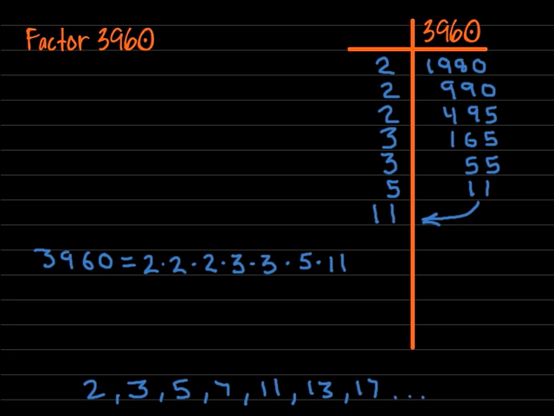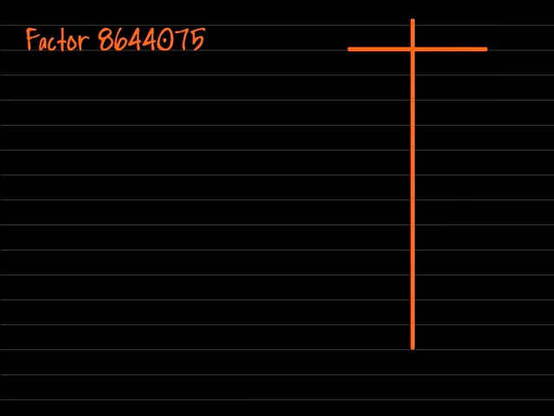Now let's try a really big number, and I'm going to have to get out my calculator to do this one. So let's prime factor 8,644,075. Again, I'm going to write my list of prime numbers down here, at least the first 10 or so.